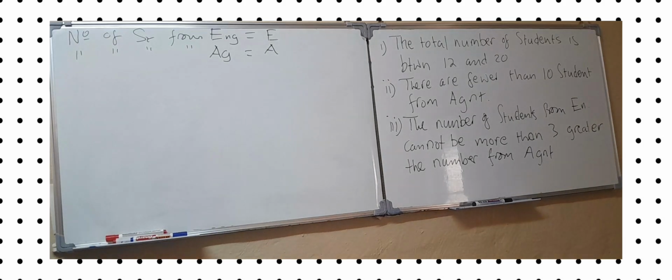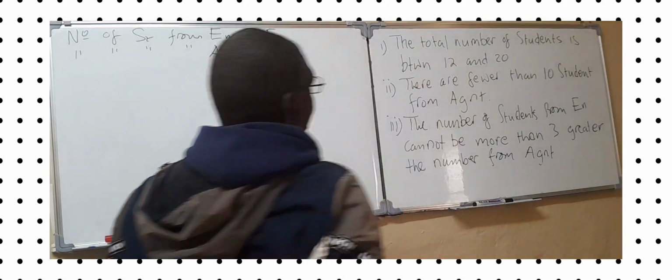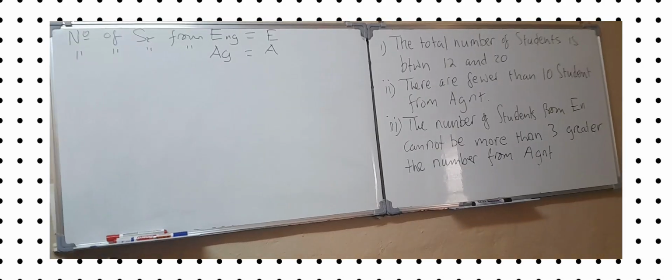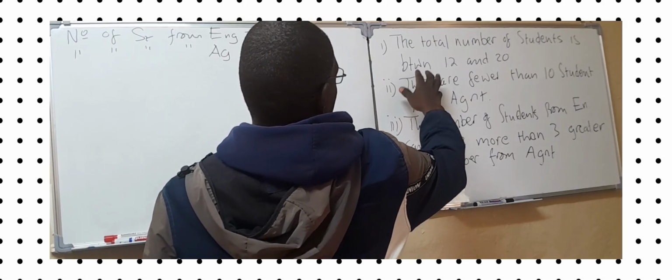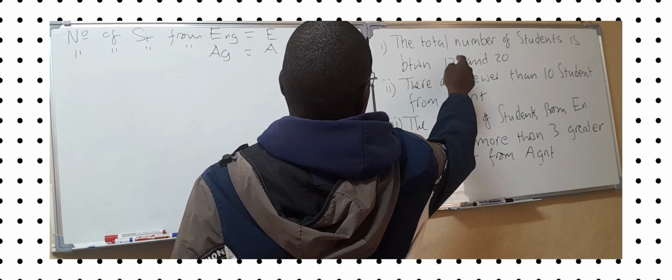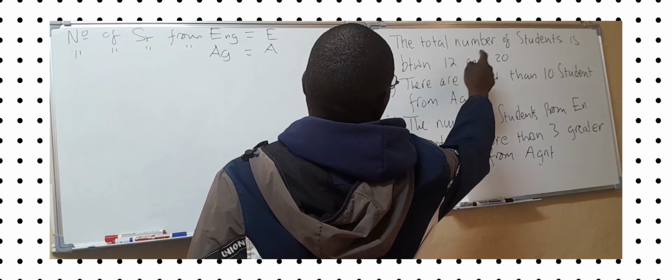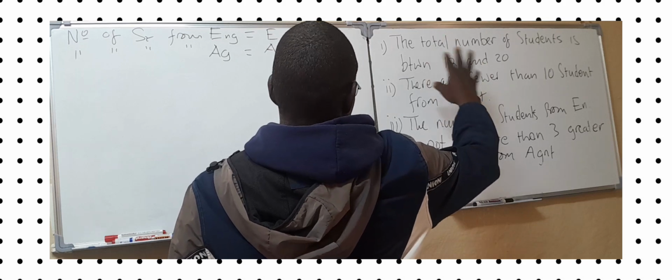Right. Once we have agreed on this, we can now form our inequalities or equations, whatever the case may be. Now, the first inequality, it says here, the number of students must not be less than 12, because it says it's between 12 and 20, which means they can be 12, but not less than 12.